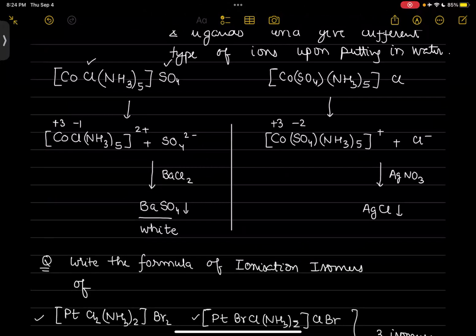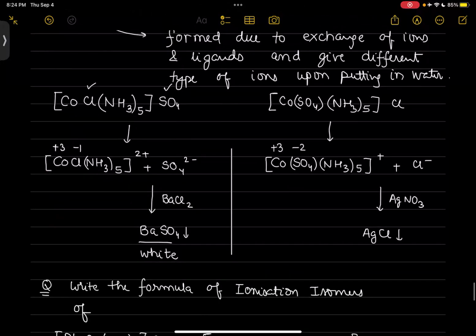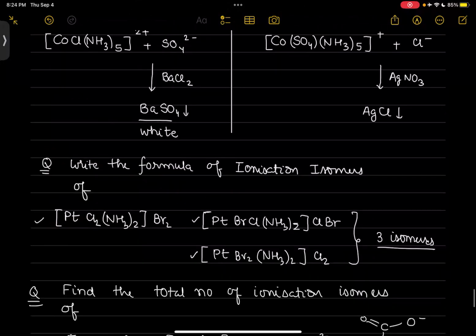When you put it in water, like this one, the sulfate was ionized, and in this one the chloride was. So the formula was the same. So these were ionization isomers. In solvate or hydrate isomerism, if water is involved, that is hydrate isomerism, or the common name is solvate isomerism.